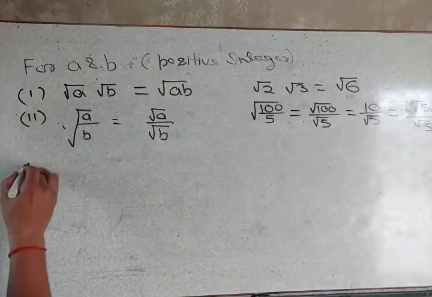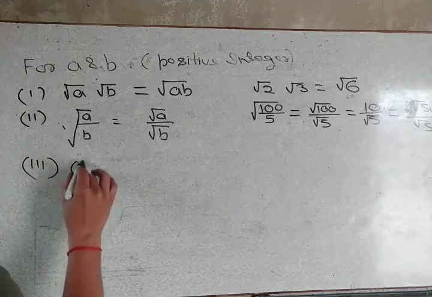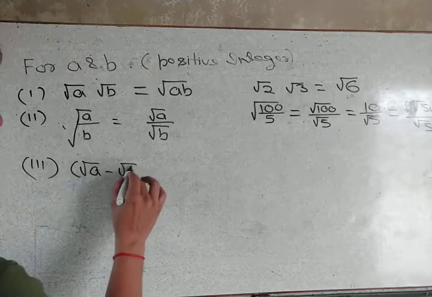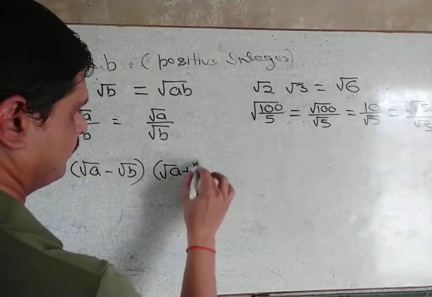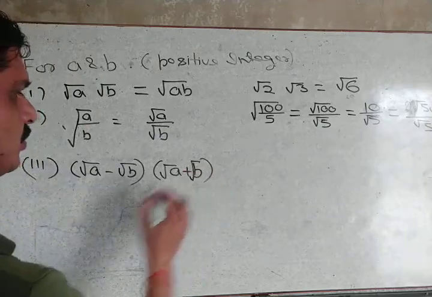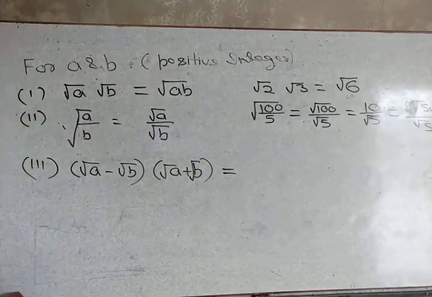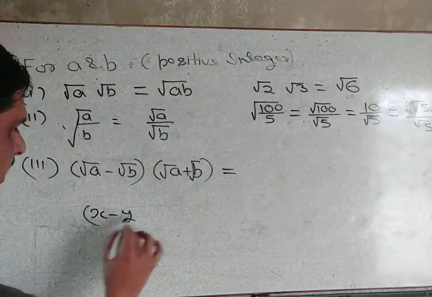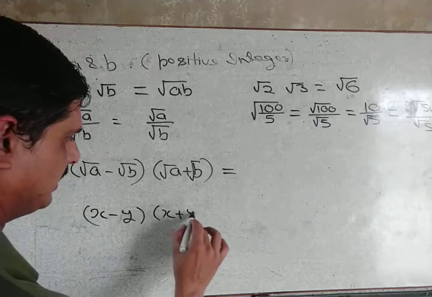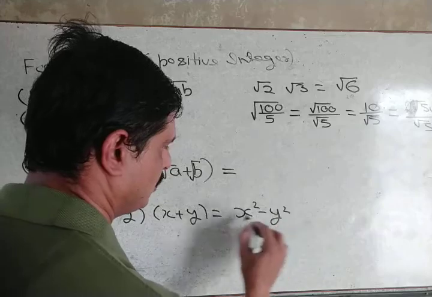Third identity is, you have got root A plus root B, or root A minus root B. Then you have learned this identity in previous classes: x minus y and x plus y equals x square minus y square.